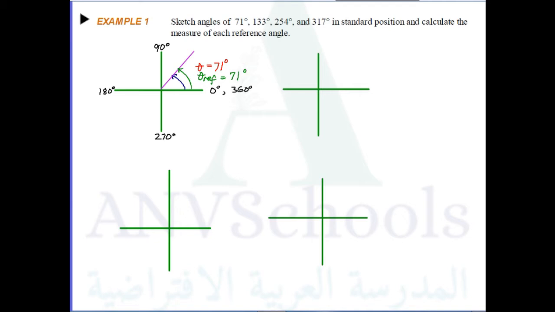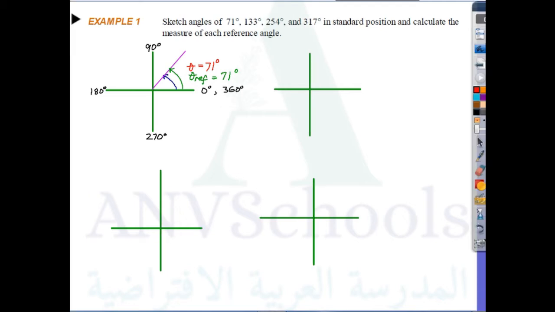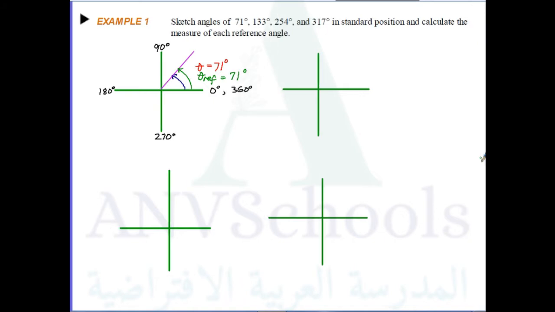Now let's go to 133 degrees. So I think we did this a while ago with the lecture, but let's do it anyway. So 133 degrees implies that the angle is between 90 and 180 degrees. So it is from here, because it's in a standard position, going to this position.